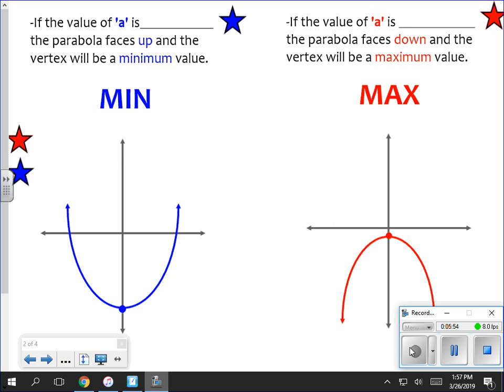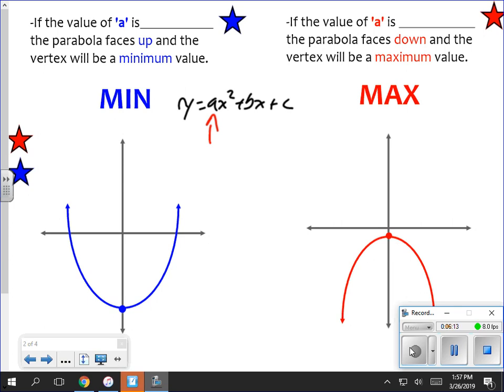standard form of the equation, y equals ax squared plus bx plus c. This a tells us an awful lot about what's going on with our parabola.